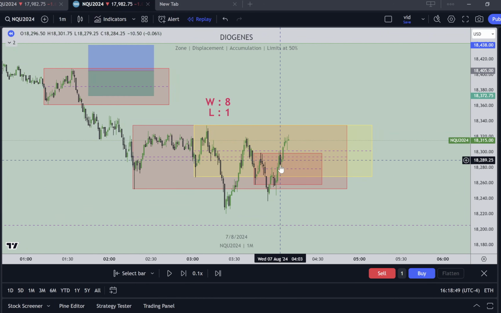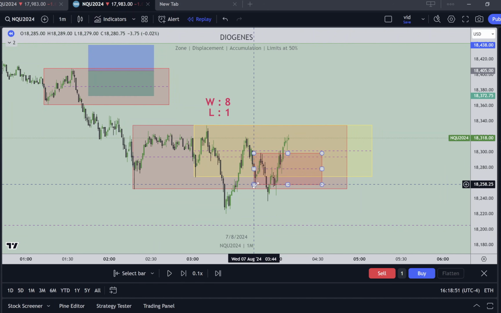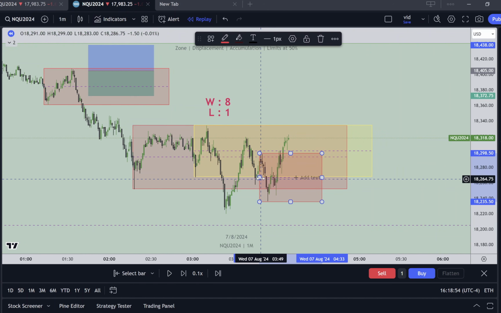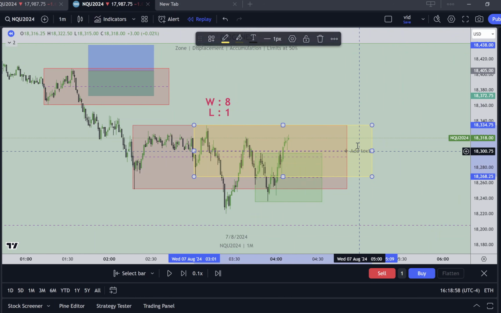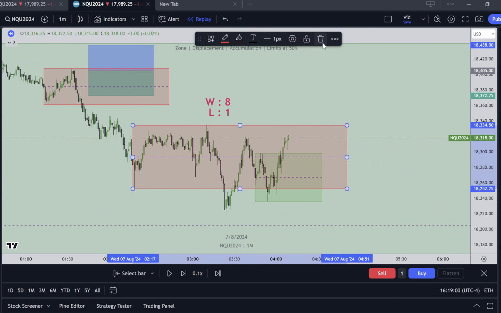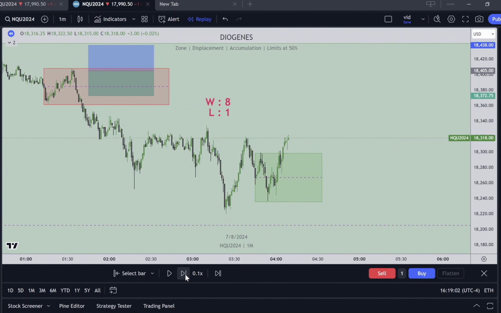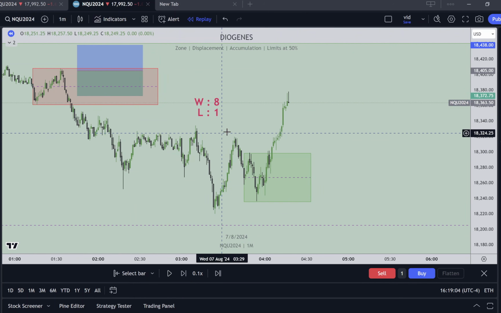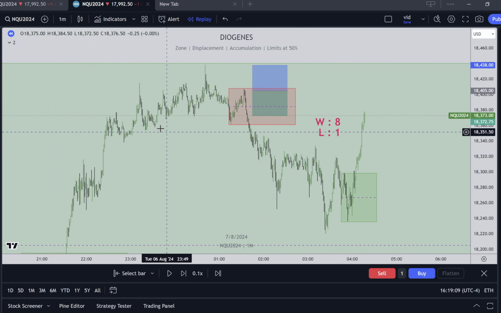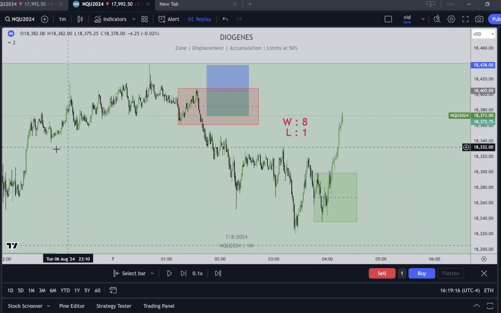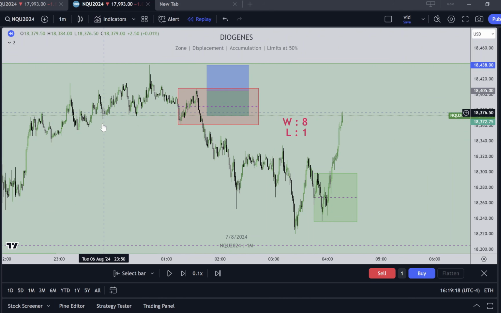So we closed above this internal range. So we're now maybe bullish. Let's delete everything else. So we got up. And I remember the guys asking me today if you have to take bearish trades from here.